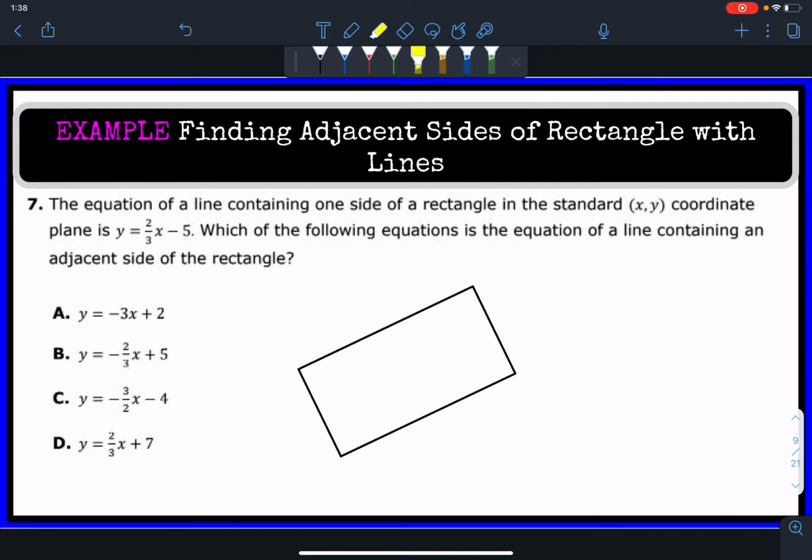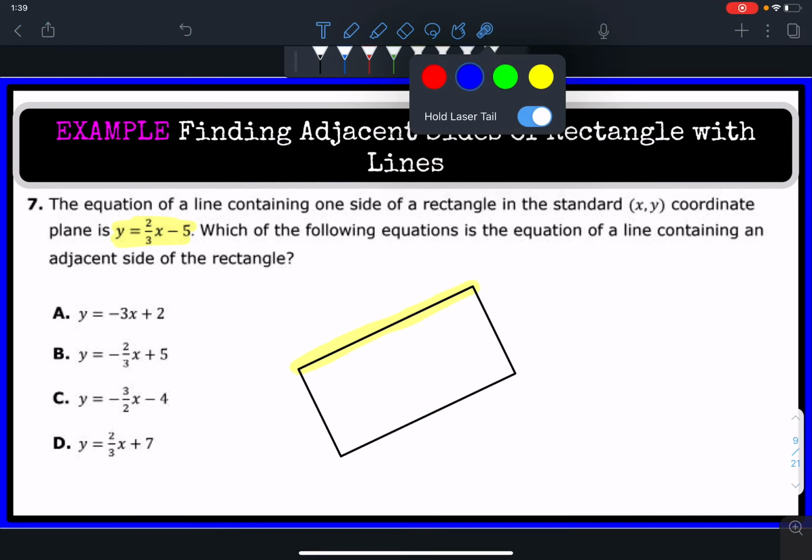So what this means is that this equation is supposed to represent one of these three sides. And since the slope is positive, I'll use this top side right there. It could be this bottom one, but it's irrelevant. So we just know that this equation is supposed to represent a side on the rectangle that is going upward. So let's use this top one right there, okay?